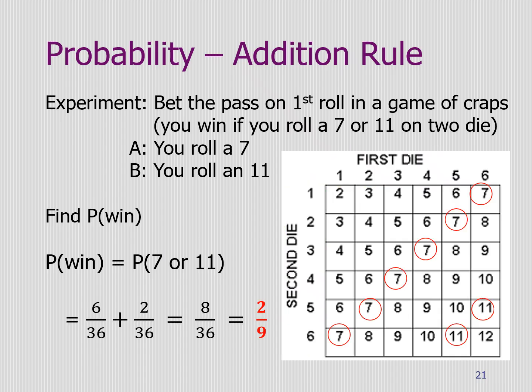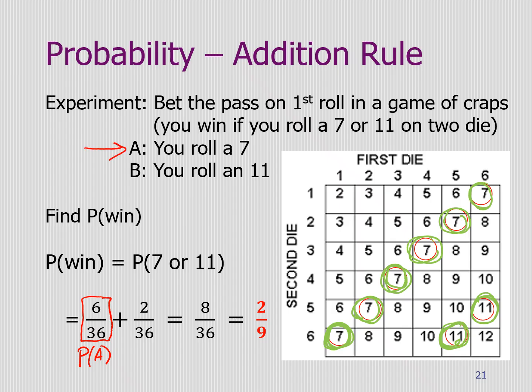So this 7 right here would be a 1 and a 6, a 2 and a 5, this one a 3 and a 4, this one a 4 and a 3, a 5 and a 2, a 6 and a 1. And then down here we've got a 5 and a 6, and this one is a 6 and a 5. So that's 6 different ways of rolling a 7. So this would be the probability of just the A happening.